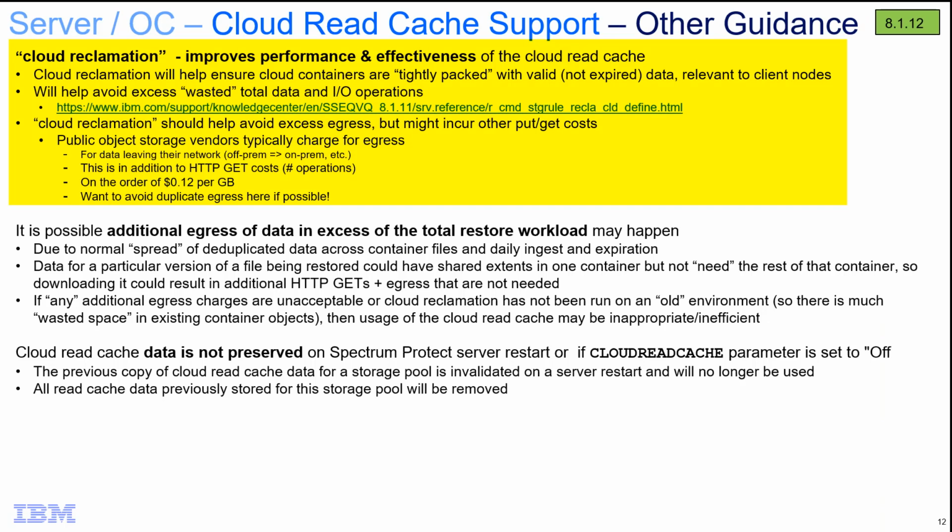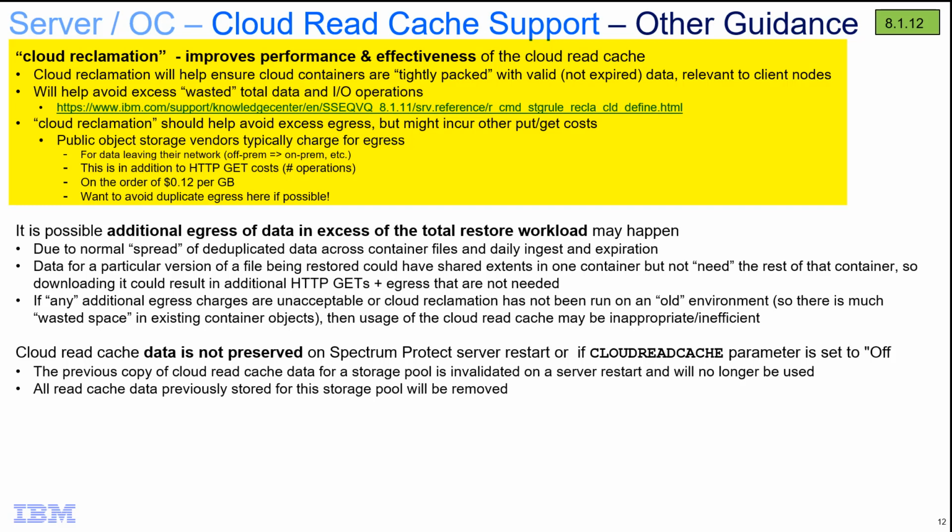Now, some other things to consider is cloud reclamation, where we actually go out to the cloud and we clean up those cloud objects to make sure that we've gotten rid of any deleted data. So remember, we've got these objects that have about 1 gigabyte of extents stuck in them, and we've placed those out into the cloud. And so as those extents expire off, we're going to have some dead space inside of those objects.